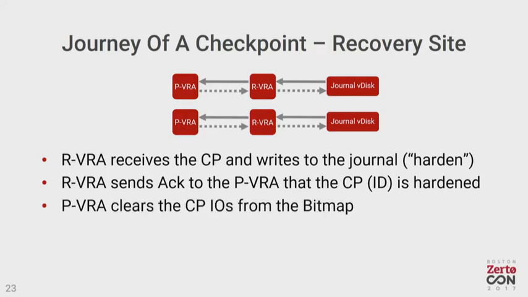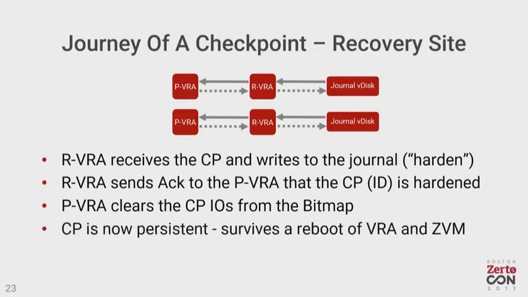And then the production or protected site VRA can clear that checkpoint I/O from the bitmap. Remember, the bitmap is a fixed memory size, so we want to maintain efficiency. So when we flush data across, we want to check for data integrity through this process so that we can clean that bitmap out, so we make sure we have plenty of space in case we need that bitmap.